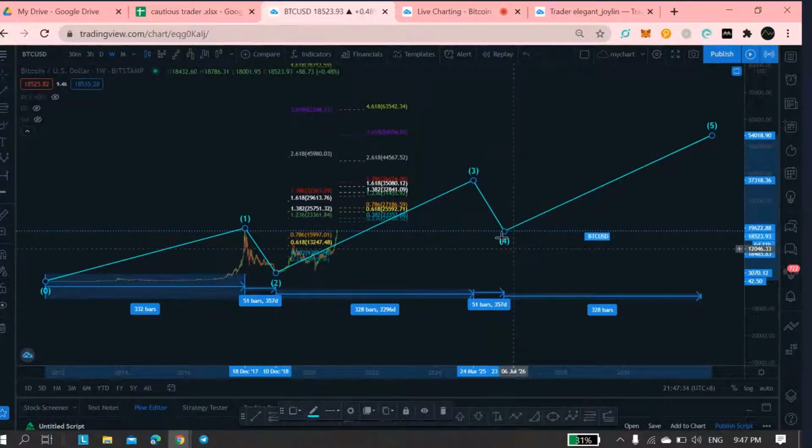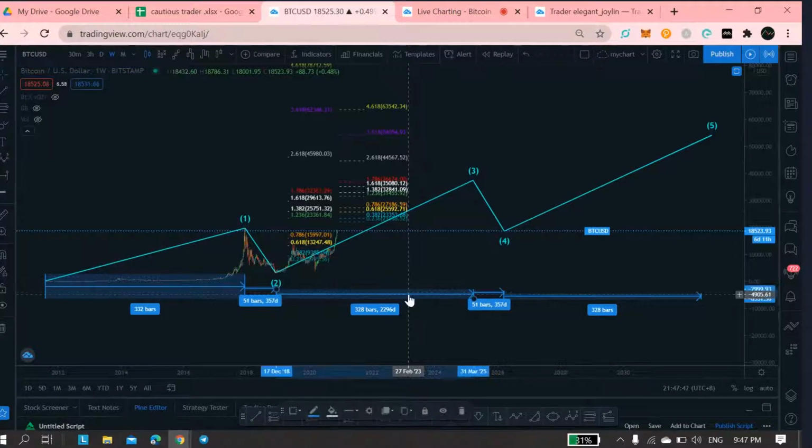So anyway, let's check on the possible dates. This is wave 3. So this wave 3 might possibly end around March 31, 2025.